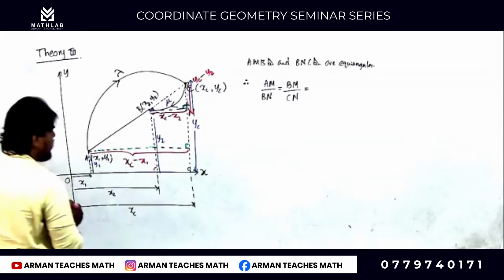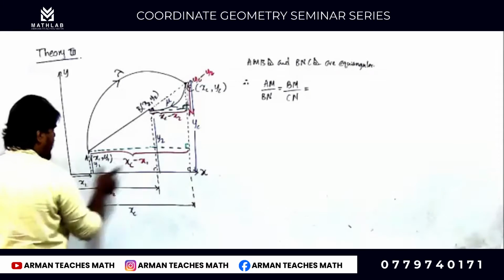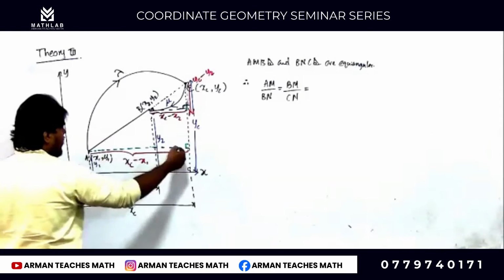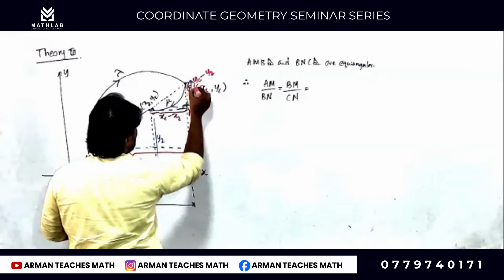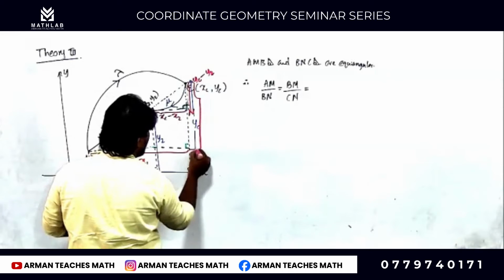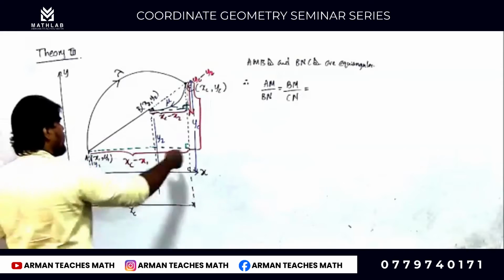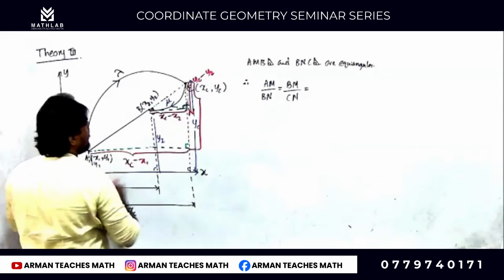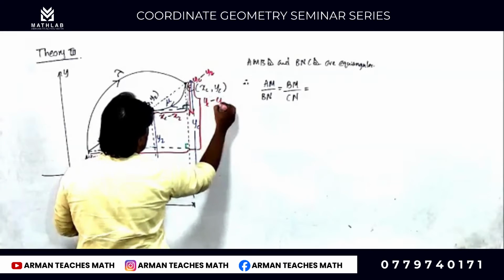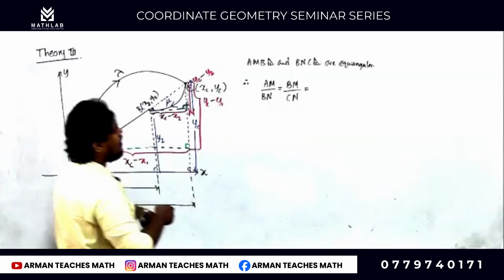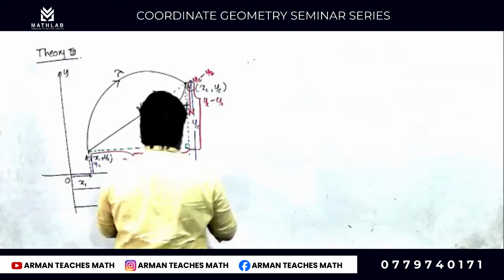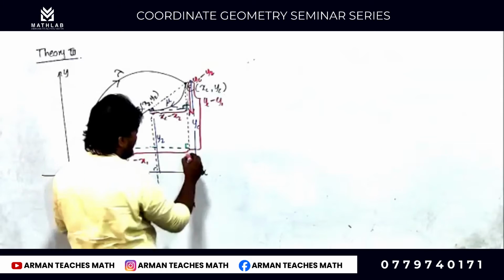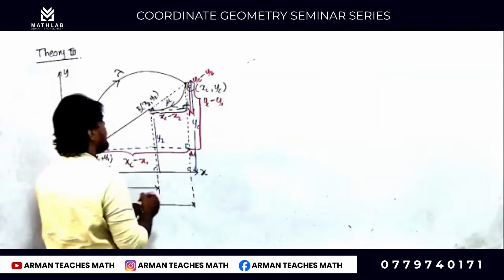XC minus X1. This is the length we need. So what is this height? What is this height? YC minus Y1. Taking those two triangles is easy. We will take this small one, and I will take this point as capital M. Okay.